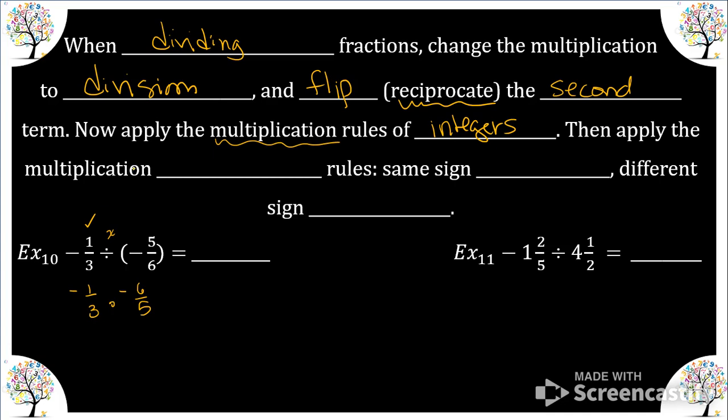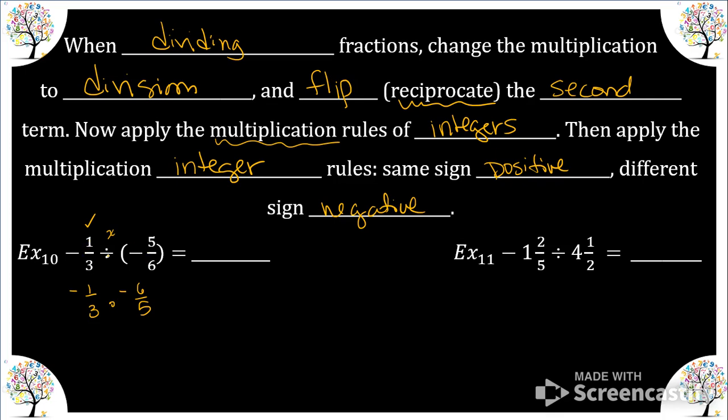Okay, so then we will apply the multiplication integer rules. Same sign, we're going to get a positive answer. Different signs, we get a negative. So when we have dividing, we're going to multiply by the reciprocal, is how we say that mathematically.